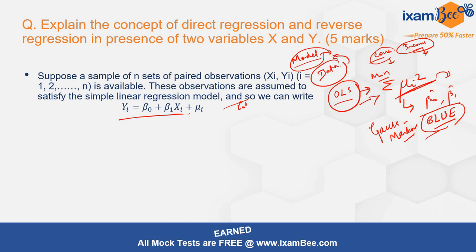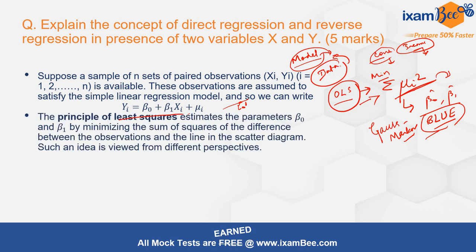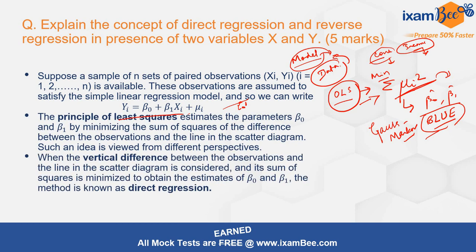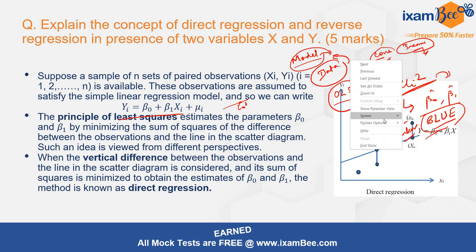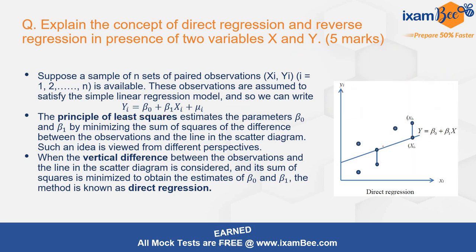Now there are two ways that this can be done. One is that if you take the vertical difference, look at this diagram here, from your observed point to the fitted line, this vertical distance, then you are doing a direct regression.